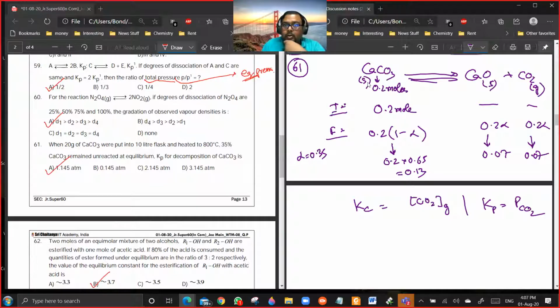1 minute, what are they? Okay, 35% is unreacted. Yeah, so alpha will be 65%. Yeah, you are correct. So it will be like 0.35. Okay, basically this will reverse. It will be 0.07 here, and this will be 0.13.